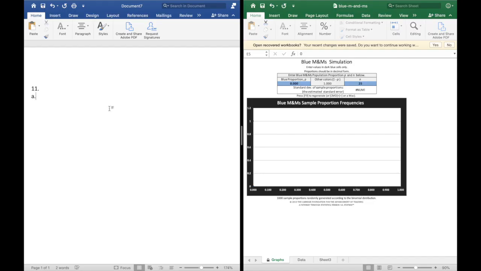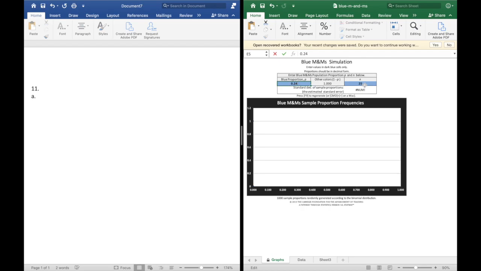We're going to run the simulation now. On the right, I have the simulation, and on the left, I'm going to put in our answers, okay? So please follow along with me on the worksheet. We're doing number 11 right now. Let's set P to 0.24 and N to 25. So I'm going to put 0.24 here, and N is already at 25.